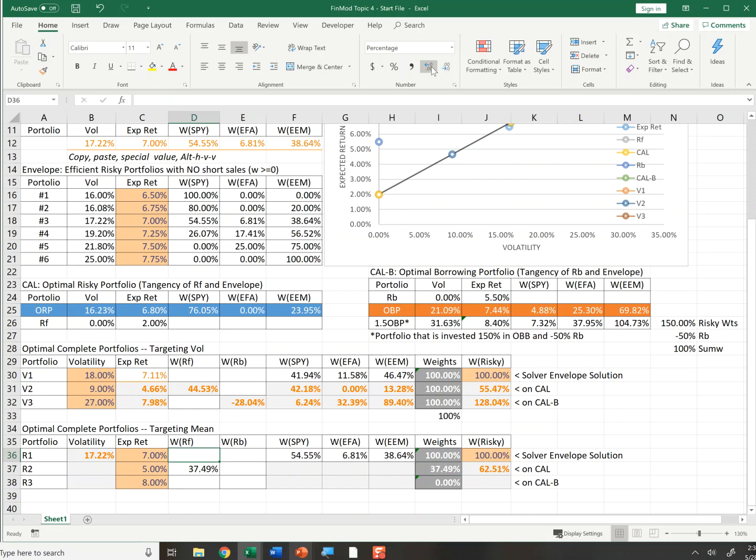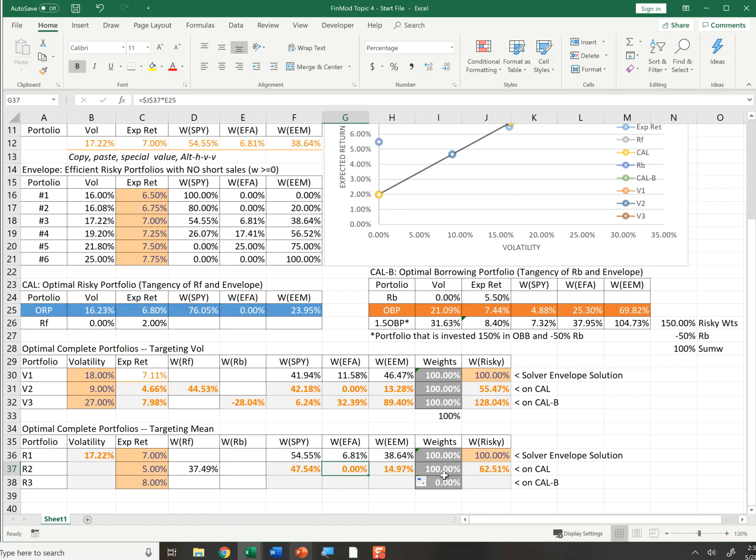So I tell my client to, if they had $100, buy $37 in the risk-free asset. $62 goes into this portfolio, which is constructed by taking 62%, anchor it, times the weight of SPY in that optimal risky portfolio. Change the format and copy across.